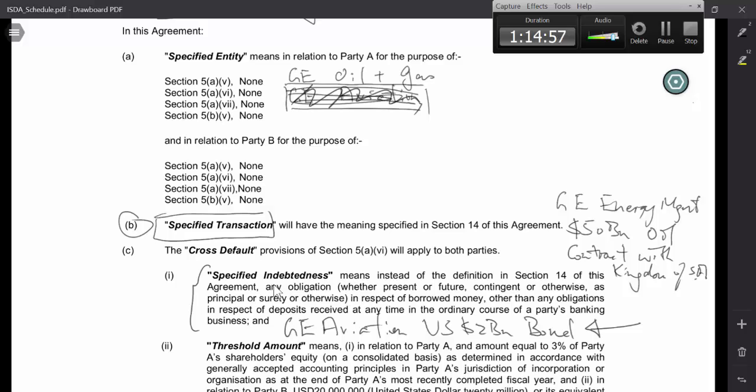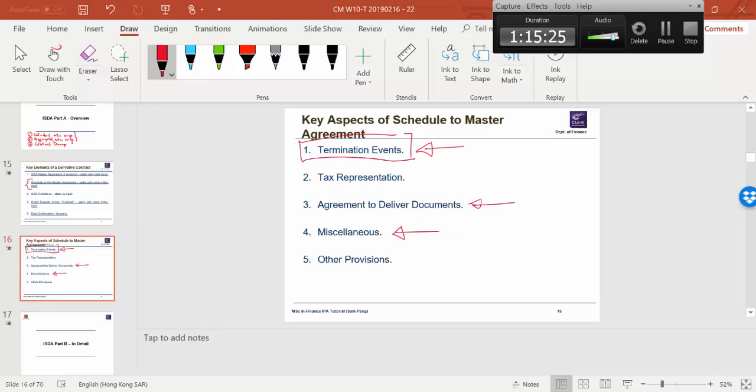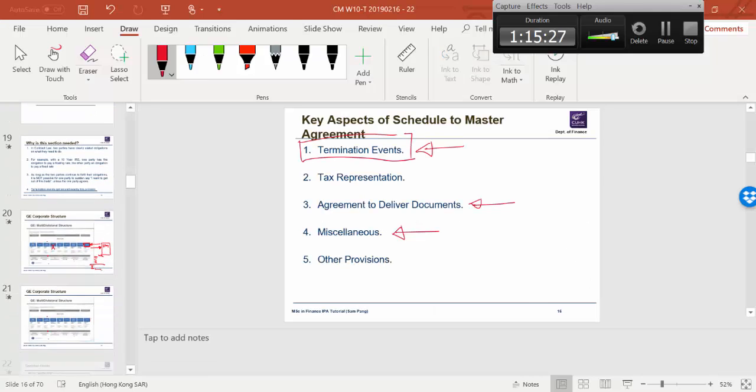Okay, so I've already talked to you about three very important specifications: specified entity, specified transactions, and specified indebtedness. Now, when you look at it, you don't really need to remember these things. All we are doing is we are connecting.